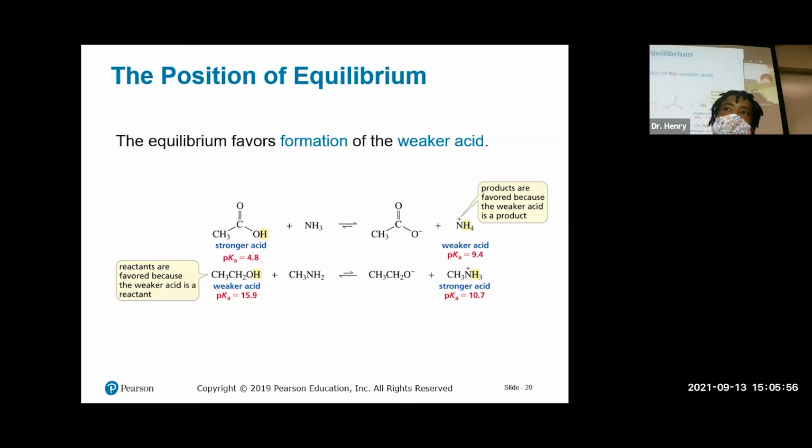No, you guys actually had it right because on one side, your acid is H3O plus. That's the stronger acid. So you guys had them all driving towards the product, right? Which is always going to be that weaker acid, right? Because the H3O plus is much stronger than all the other ones. Yeah. That's right.